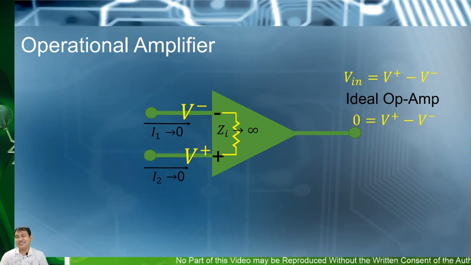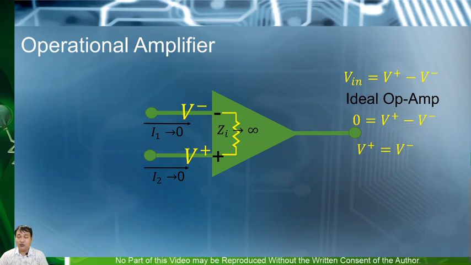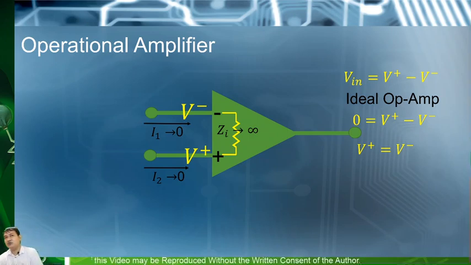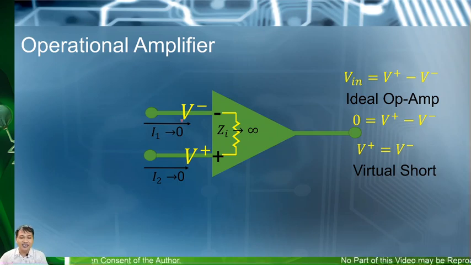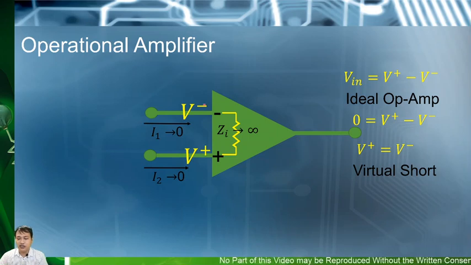So if it is 0, we assume our V plus is equal to V minus. So if these two terminals are equal, we assume these two terminals are virtually short, right? Virtually short or virtually connected due to the high input impedance of the operational amplifier.